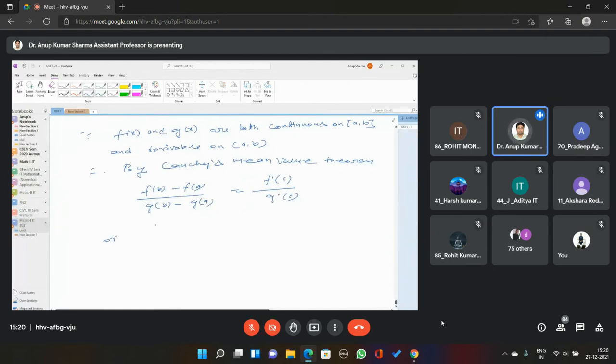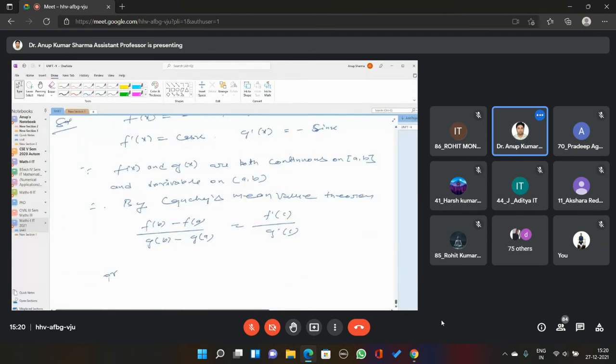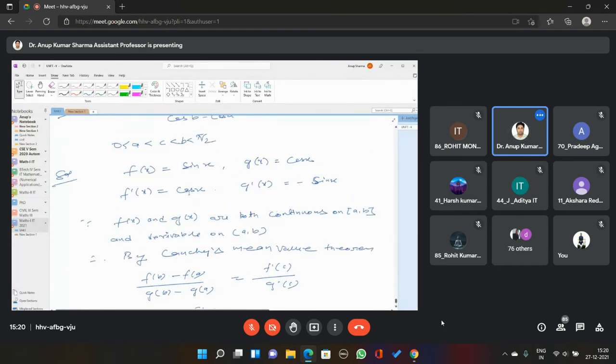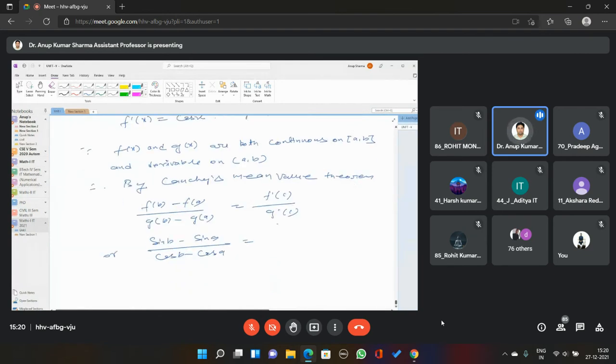Now put the values. f(b) means sin B, so you write sin B minus sin A, and this is g(b) minus g(a), cos B minus cos A. f dash of c is cos c and g dash of c is minus sin c.